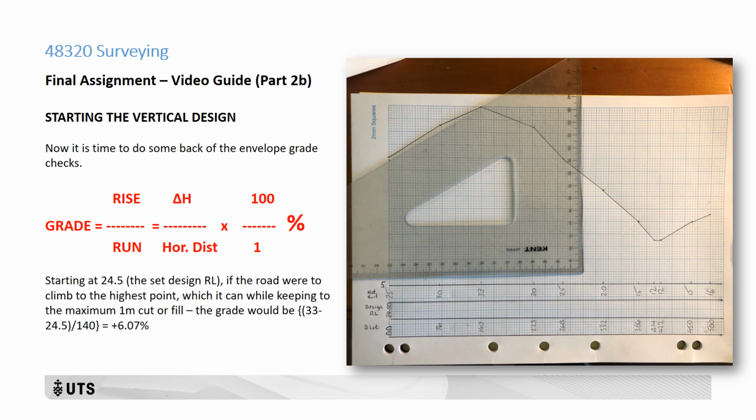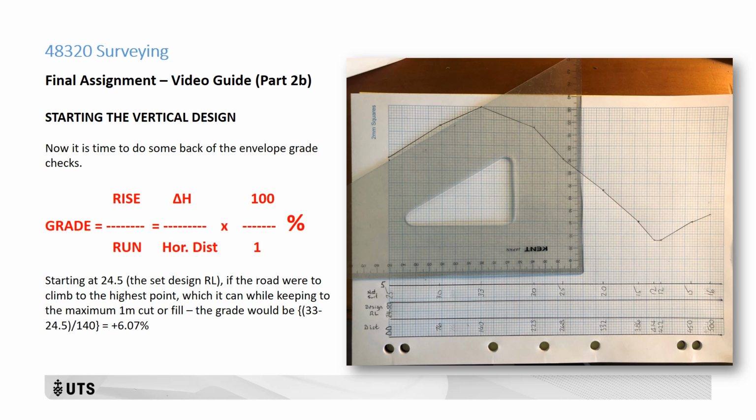Okay, now we need to start doing some calcs. Remember the formula for grade. Grade is the slope of the road. So grade equals rise over run, which is another way of saying the change of height divided by the horizontal distance. We multiply that by 100 over 1 and call it a percent. So for the first line, we're starting at 24.5.